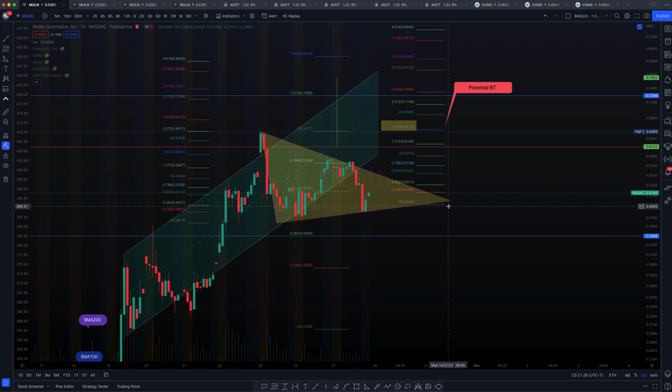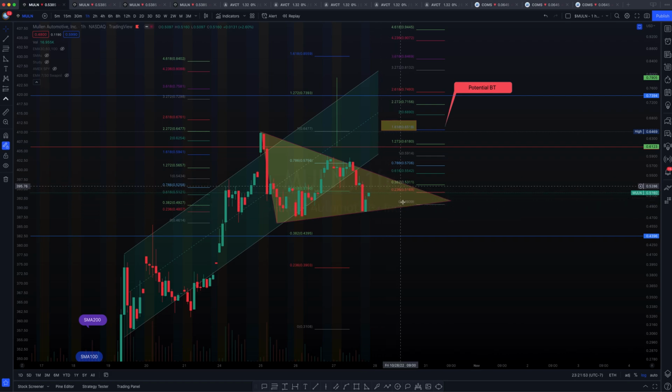Now, triangles like these tend to realize to the upside when we're more or less at about 70% complete, usually at about three-quarters complete, 75%. So in this case, we're at about 55% complete, possibly touching 60 right at this point. So we still have some time and some range trading to do within this triangle.